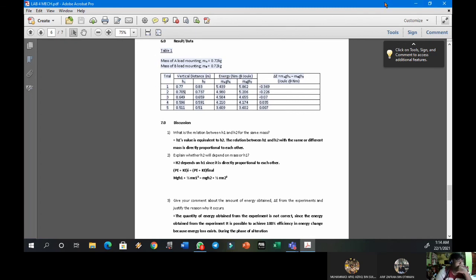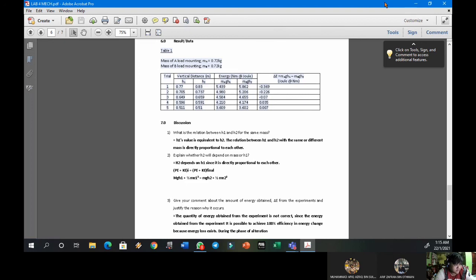So discussion, what is the relation between H1 and H2 for the same mass? H1 value is equivalent to H2. The relation between H1 and H2 with the same or different mass is directly proportional to each other. Number 2, explain whether S2 will depend on mass or H1.